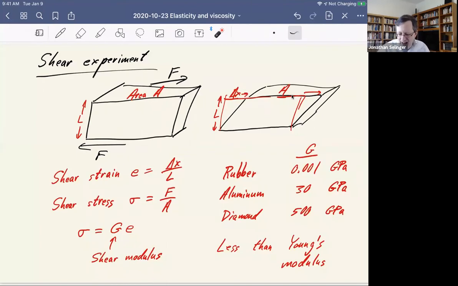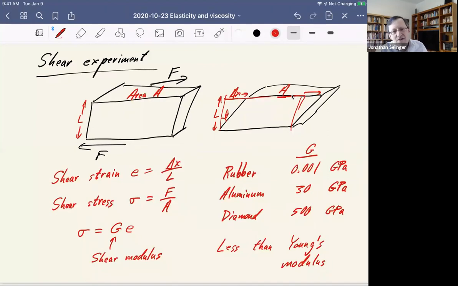All of these considerations are really rigorous, well, sort of rigorous, for the case of really small forces and small displacements. If you have a small force and a small displacement, then the delta x is proportional to the sine of this angle theta.